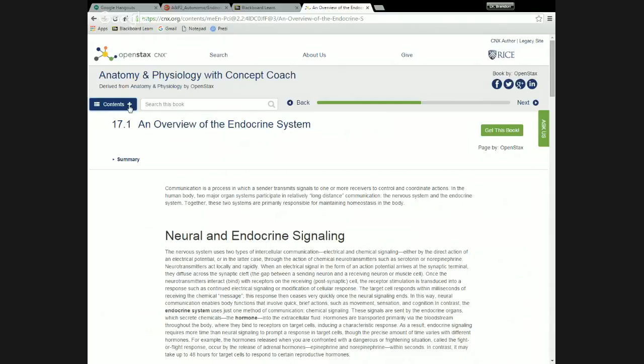And how far do hormones travel? Far. All over the body. From here to New York City? All over your body. Yes, they can travel throughout the body.